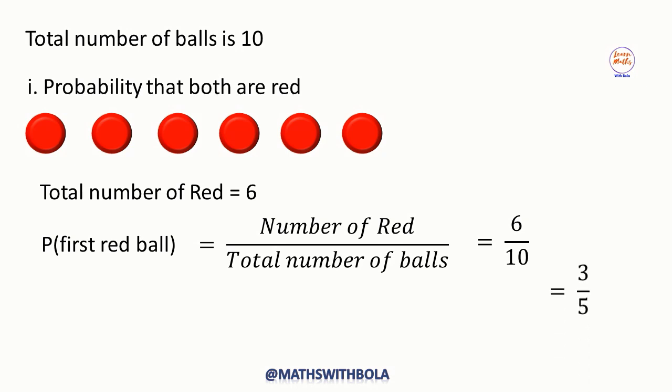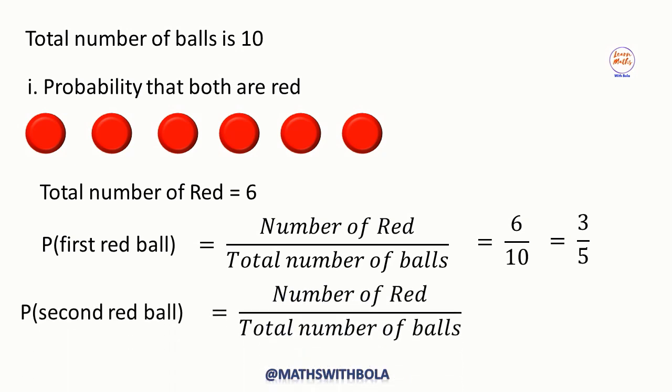Now the probability that you will pick red again, and before you move on, don't forget that you should always leave your answer in the lowest form. So 6 over 10 is 3 over 5 in the lowest form. Now the probability of a second red is the number of red over the total number of balls.